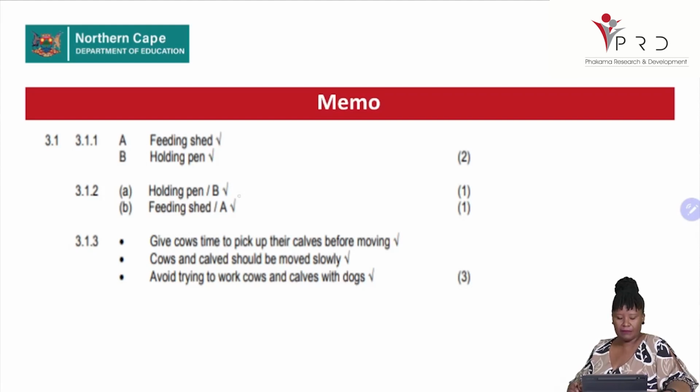Don't separate them. Cows and calves should be moved slowly. Don't speed them up. Avoid trying to work or chasing cows and calves with dogs.